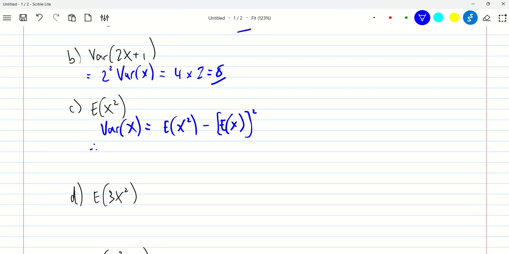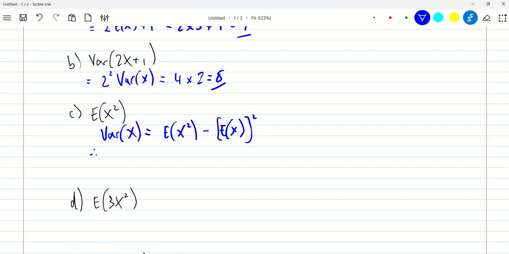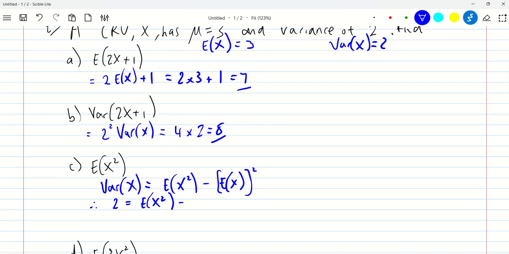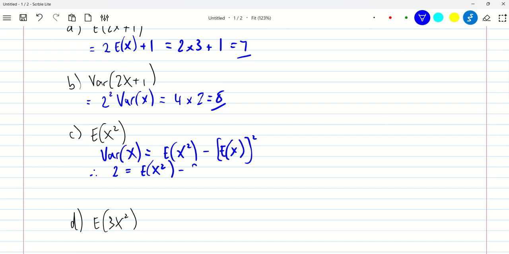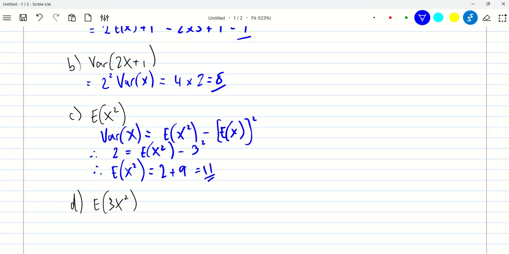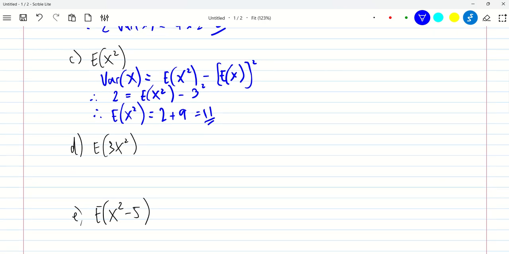The variance of X is 2, so therefore 2 is equal to the expected value of X squared, which is what we don't know and what we'd like to find out, minus the expected value of X, which was 3, so minus 3 squared. Therefore the expected value of X squared is equal to 2 plus 9, which is 11. E(X squared) is 11, just using the formula for variance to rearrange.